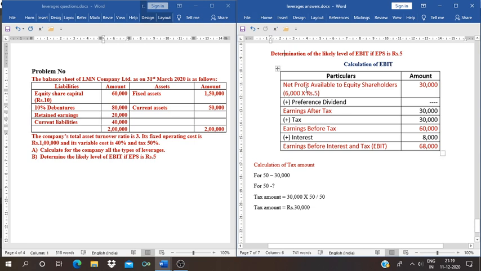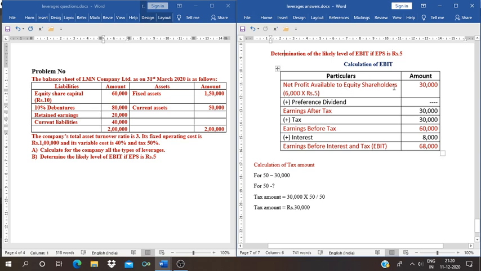Because we have to calculate the EBIT, I am going to write this format in reverse order. Which is the last one in the statement of profit? Net profit available to equity shareholders. How to calculate it? It is number of equity shares into EPS.